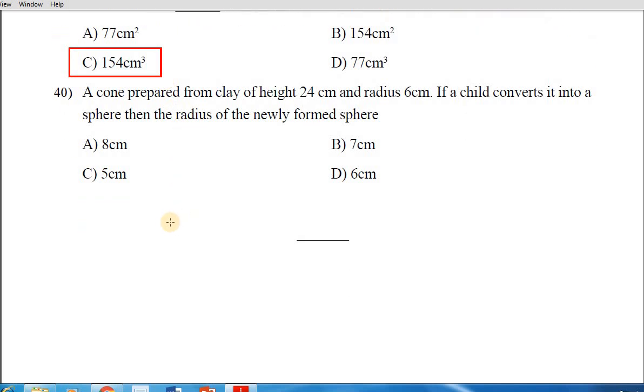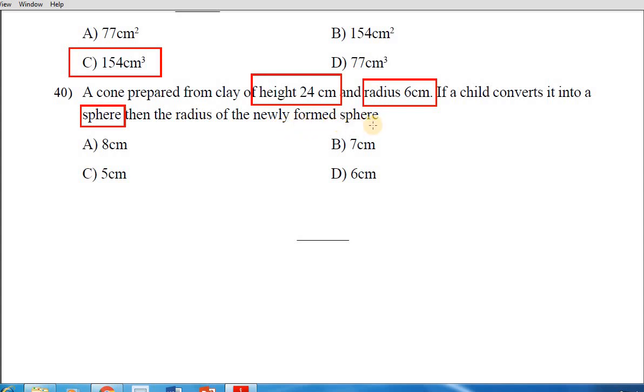Question number 40. A cone is prepared from clay of height 24 centimeters and radius 6 centimeters. If the solid is converted into a sphere, keep it in the mind, here conversion of a cone into a sphere is taking place, then the radius of the newly formed sphere.